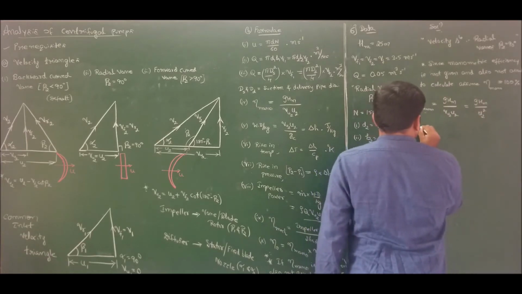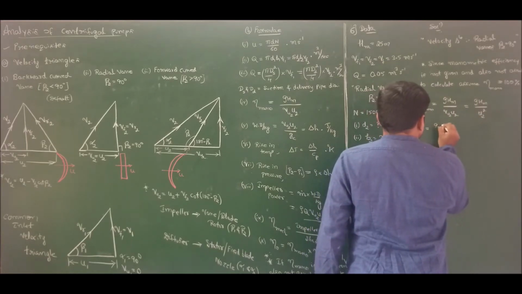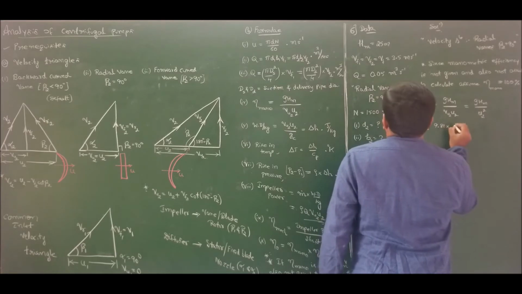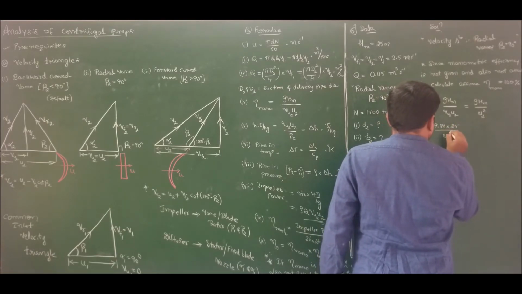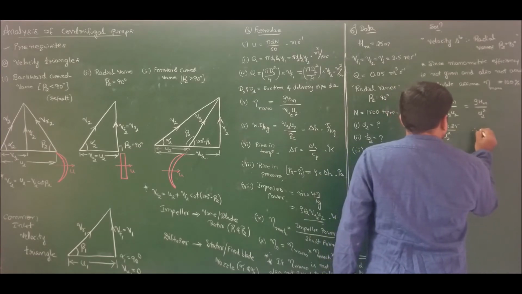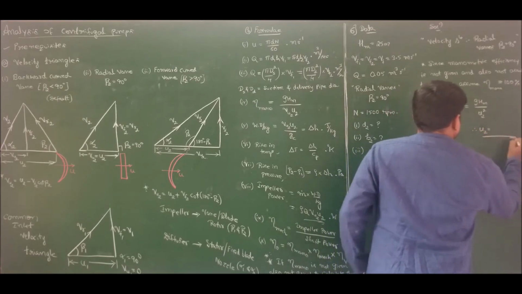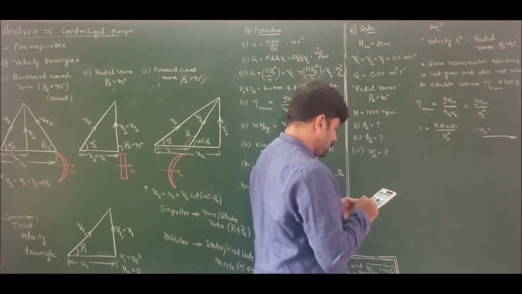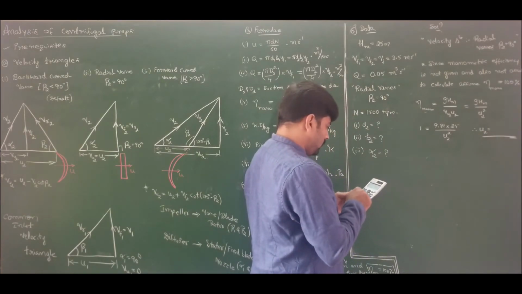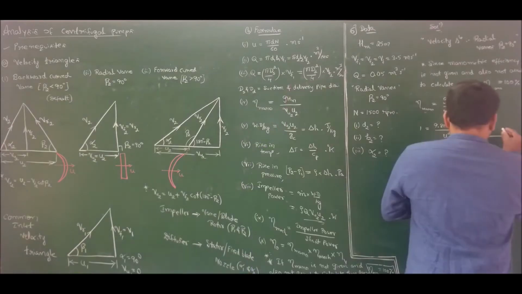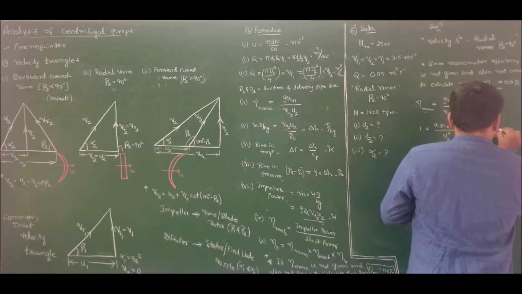If I substitute and solve, 1 is equal to 9.81 into head 25 meters divided by U2 square. So I will get the value of U2 as root of 9.81 into 25, the answer is 15.66 meters per second.